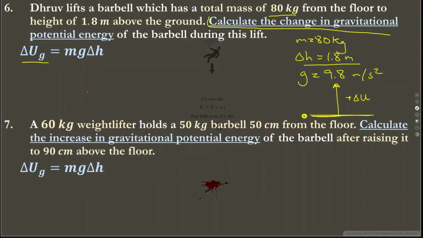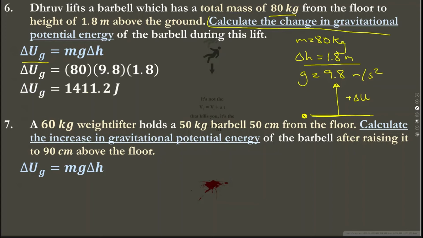So let's substitute this into our formula. And so we have mass equals 80, g is 9.8, and then change in height is 1.8. I find that the final value is 1411.2 joules. Okay, remember joules is the unit for energy. And so if I summarize that and find it to the closest 3 sig figs, I find it to be 1410 joules.